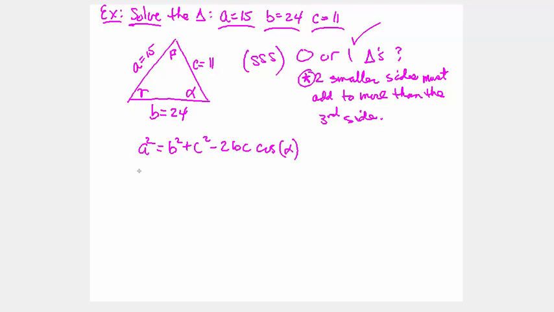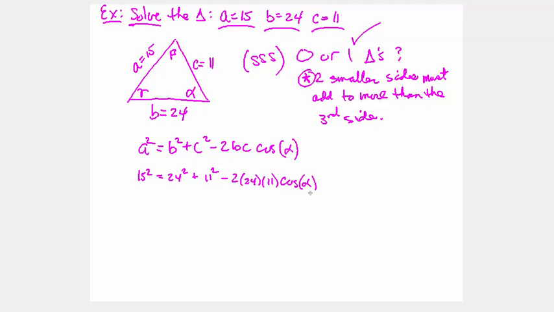So I know A is 15, so 15 squared equals, B is 24, so 24 squared plus 11 squared minus 2 times 24 times 11, just plugging numbers in their spots in its formula, times the cosine of alpha, which we don't know yet. We'll leave it there.